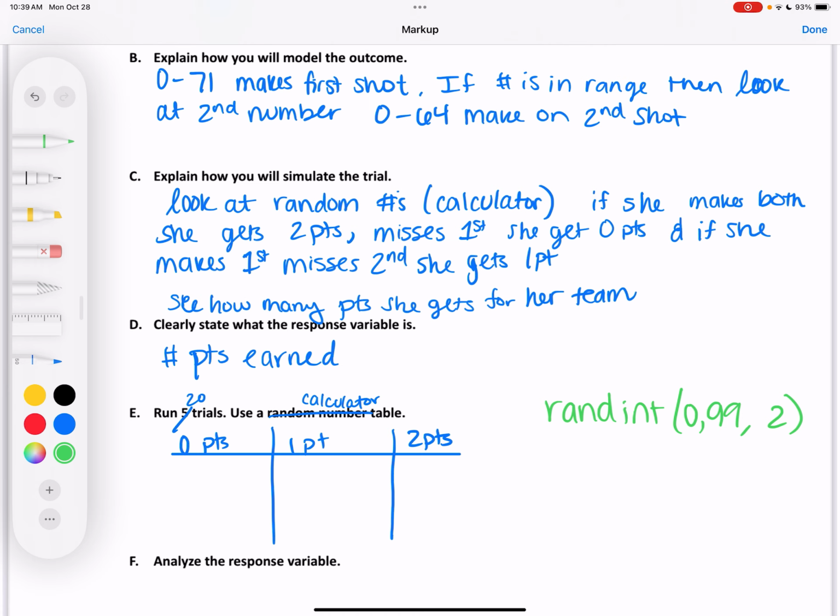And then just calculate what you got individually. Wait, so you said ignore the second number if the first one is out of range? So if the first one is 72 to 99, ignore it and just say that she got 0 points. But if it's in range, then look at the second number, and if it's 0 to 64, then she gets 2 points.